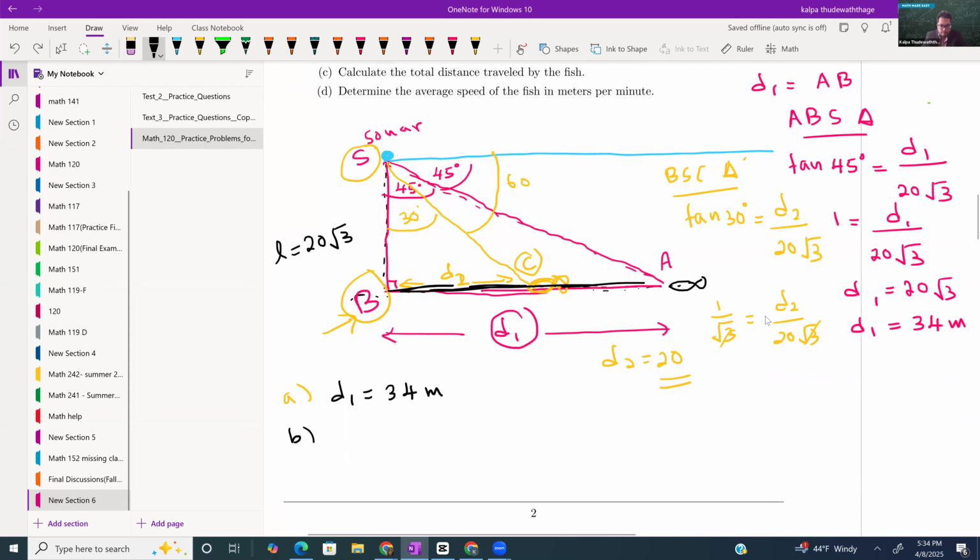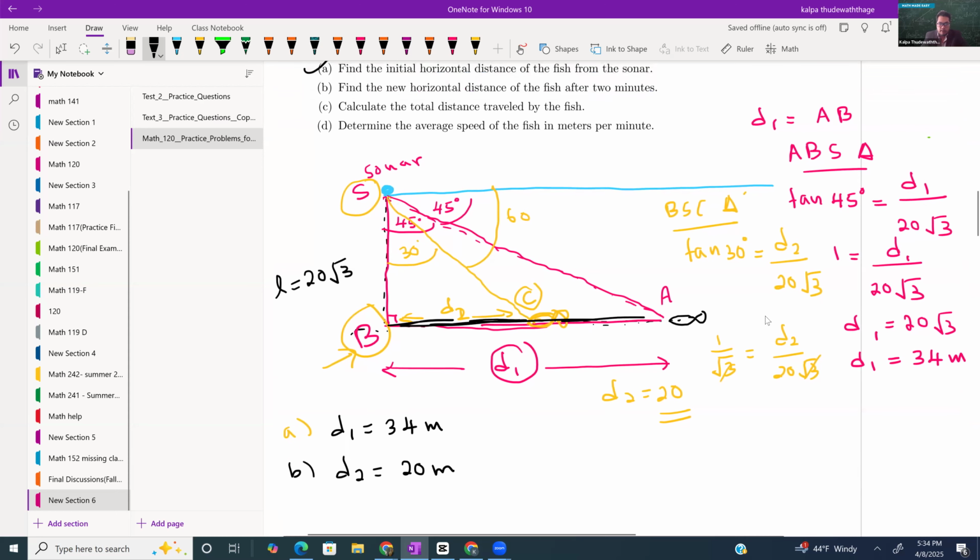It's 20 meters. Calculate the total distance traveled by the fish within 2 minutes. Within 2 minutes, it traveled D1 minus D2, because I need this length.